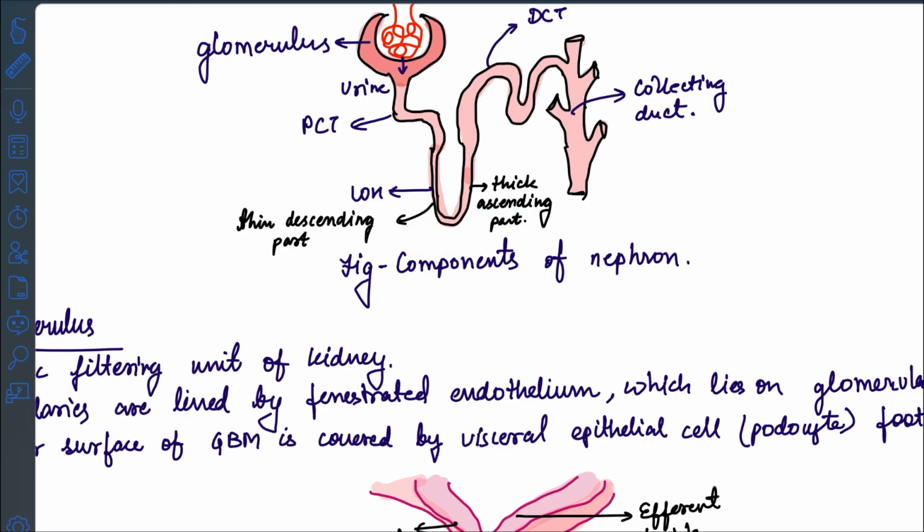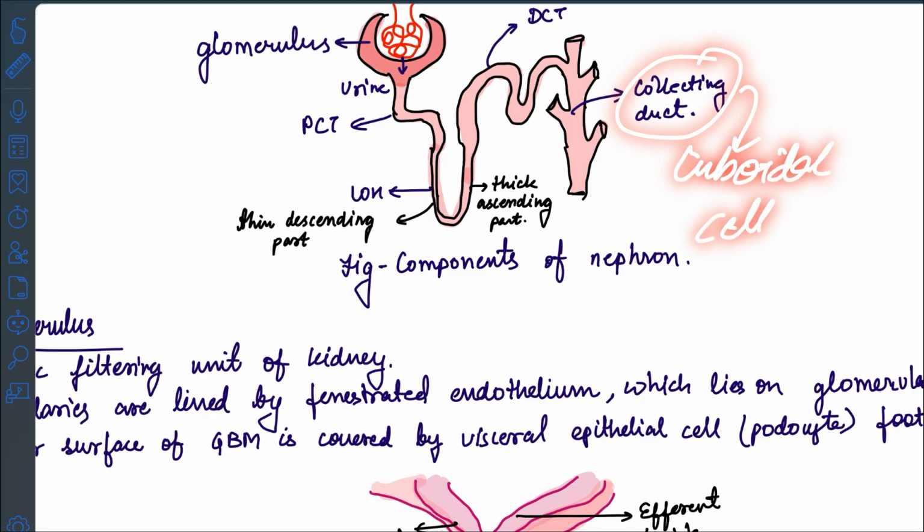And further, here also there is active reabsorption of sodium, potassium, and chloride, whereas there is passive reabsorption of water as well. The DCT is lined by cuboidal cells. I hope you can appreciate the variation here and not confuse between them. The collecting duct is also lined by cuboidal cells, but they are without brush border.